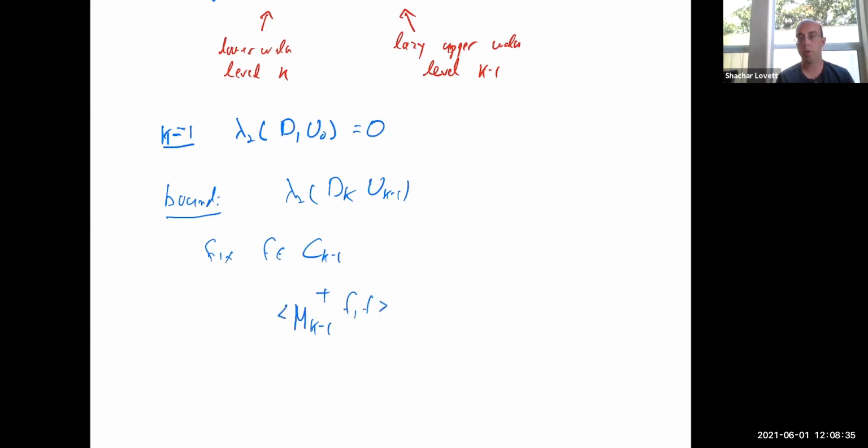First of all, before bounding it, remember that by definition it's a mixture of what we care about, D_k U_{k-1}, and the identity operator. So let's write the expression here: it's k over k minus 1.